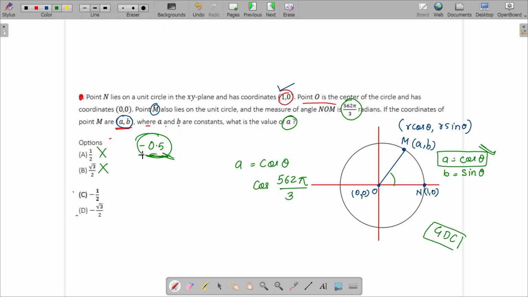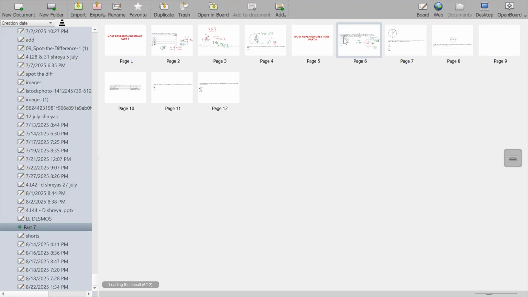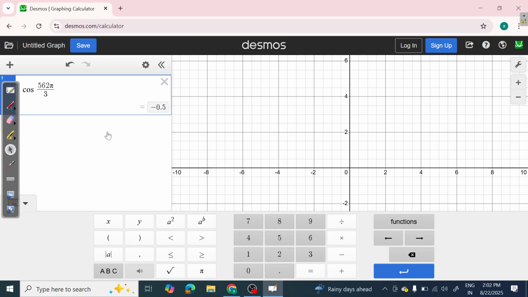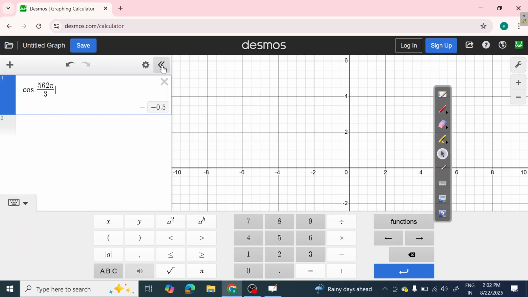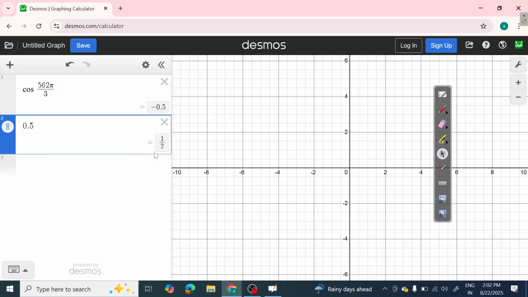Now I can convert the 0.5 into a fraction. Don't do it manually; Desmos will do everything. Learn how to do it. I'll write 0.5, and can you see to the left side of 0.5 there is this symbol? Click on it. It is 1 over 2.